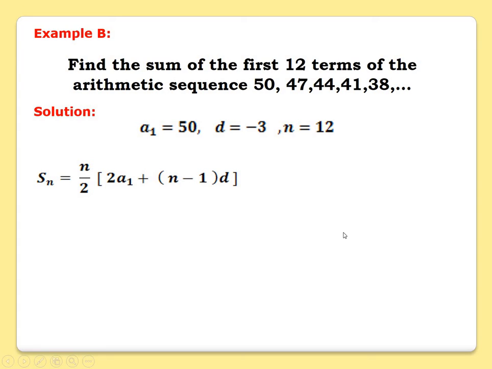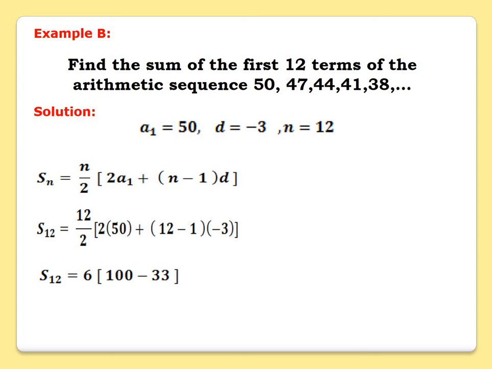In here, you are given the first term only, and there is no last term, so we are going to use formula number 2. S sub n equals n over 2 times the quantity 2 times a sub 1 plus the quantity n minus 1 times d. By substitution, we have S sub 12 is equal to 12 divided by 2 times the quantity 2 times 50 plus 12 minus 1 times negative 3.